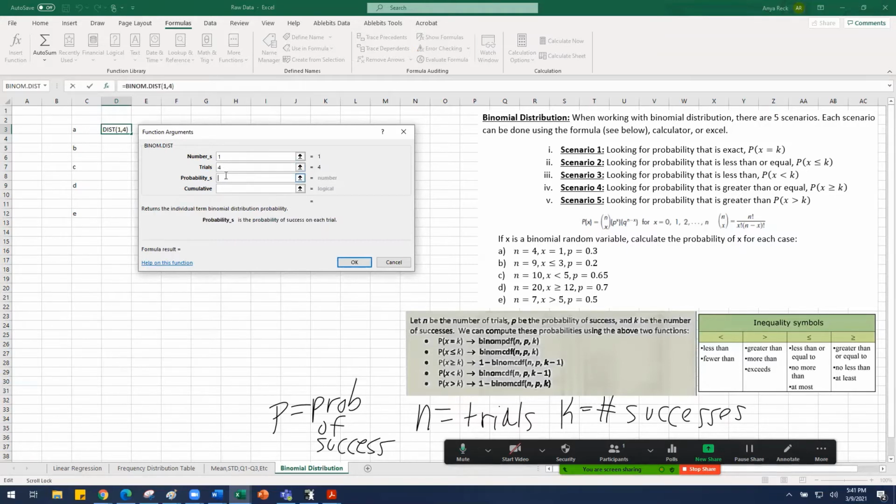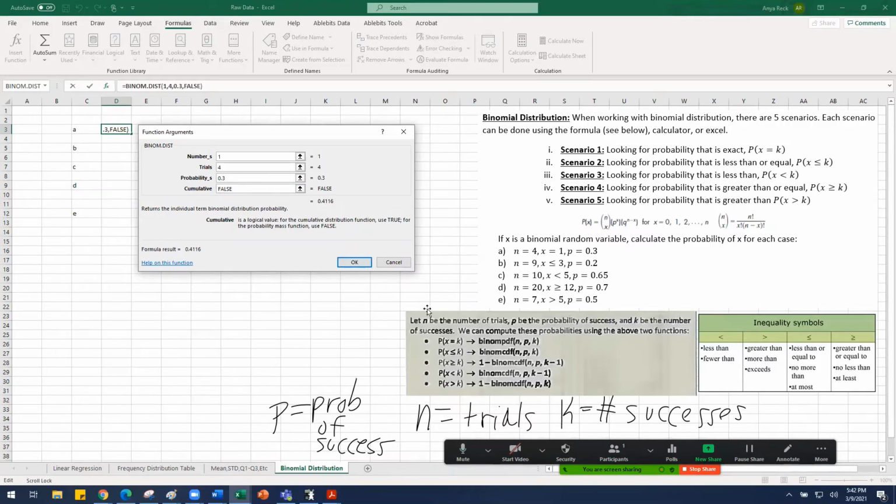The probability of success was given as 0.3. And then we need to determine whether or not this is considered a cumulative distribution. In this case, since we're looking for an exact value, this is not a cumulative distribution, so we type false.